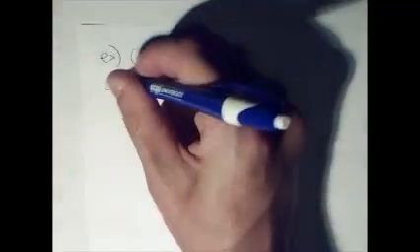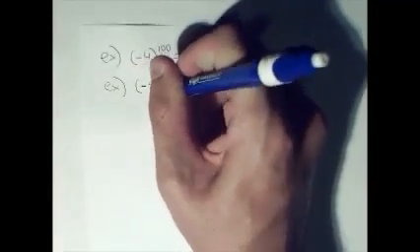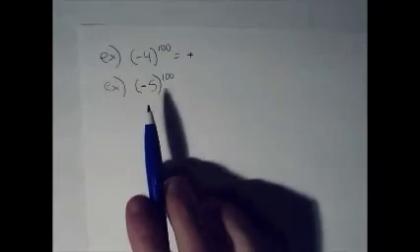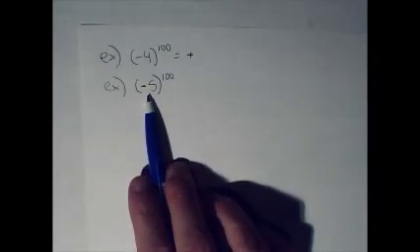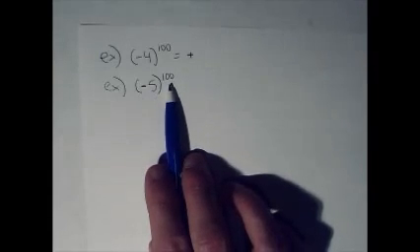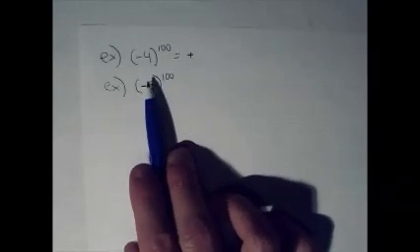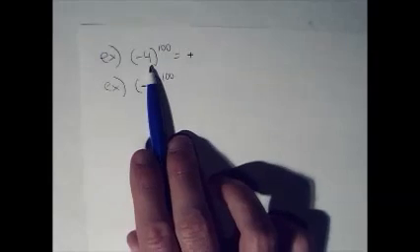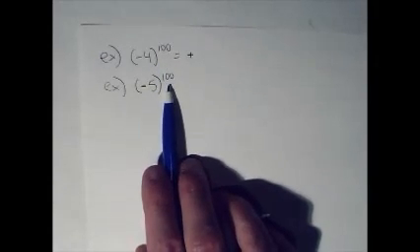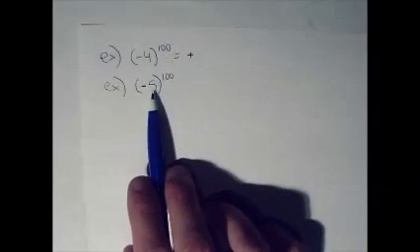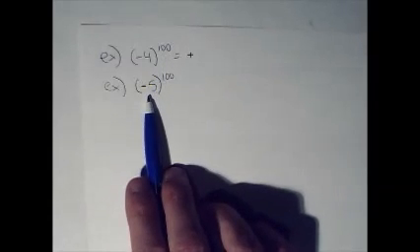Now think of if I had (-5)^100. Remember, this means -5 times -5 times -5 times -5, -5 times itself 100 times. The reason I showed this example is that it doesn't matter what your base is. Whether it's -4 times itself 100 times or -5 times itself 100 times, I still have 100 of those negative bases.